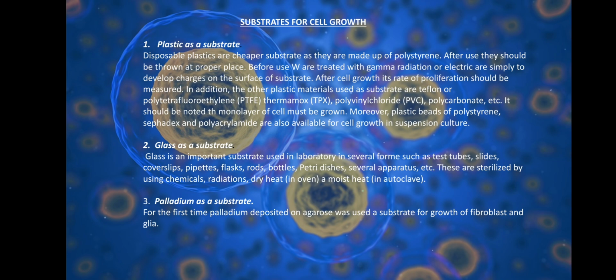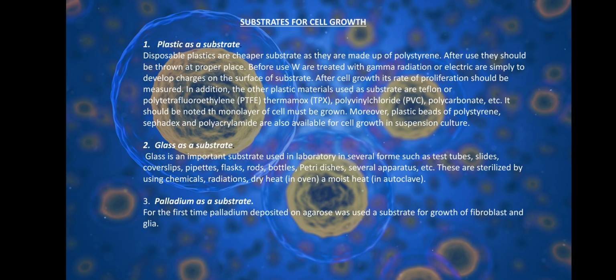They should be thrown away at a proper place after the cell culture. Before use, they need to be treated with gamma radiation or electric arc simply to develop charges on the surface of the substrate. In addition, other plastic materials used are Teflon, polytetrafluoroethylene, Thermanox, polyvinyl chloride, polycarbonate, etc.